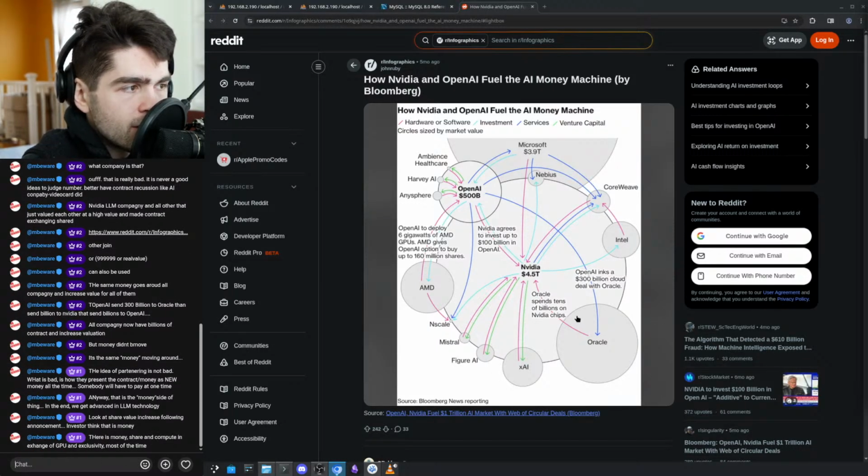It's just promise of sending compute and sending chips. The idea of partnering is not bad. What is bad is how they present the contracts as new money all the time. Somebody will have to pay at one time. I don't think that they present it as that. I think people are misconstruing this as that.